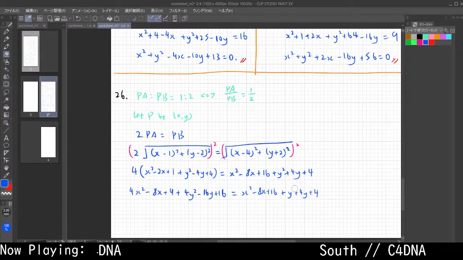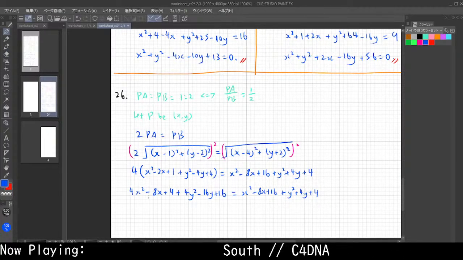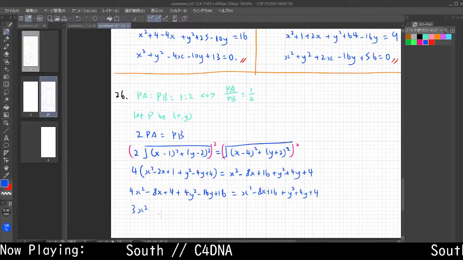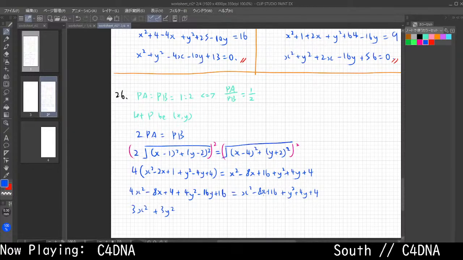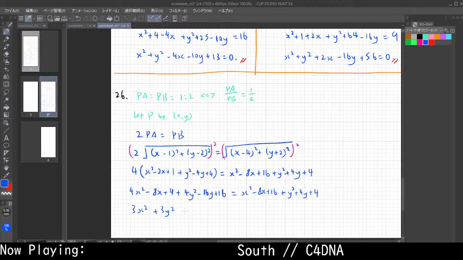Collect the terms after you explain everything and you are sure that nothing went wrong. 4x squared minus 4 minus 1 equals y.